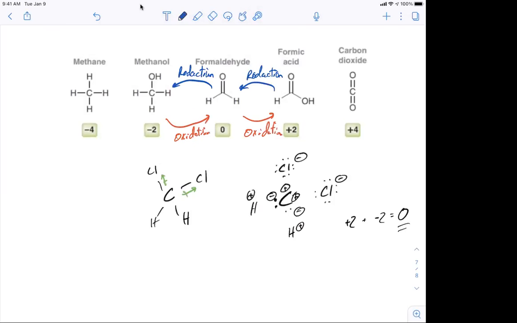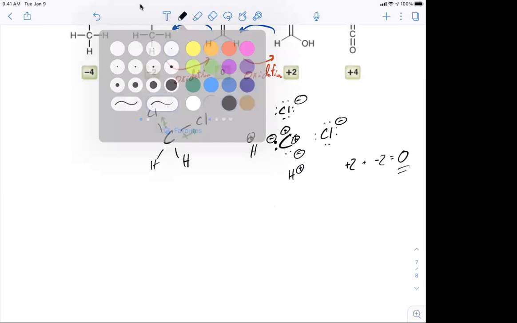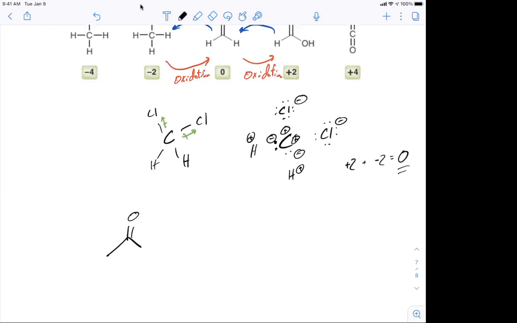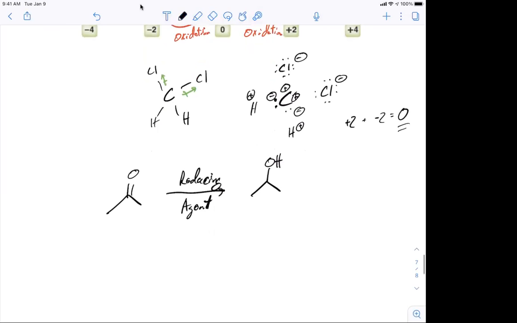So what we're looking at here is, can we form alcohols by reducing carbonyl species? Can we take carbonyl species and reduce those to alcohols?